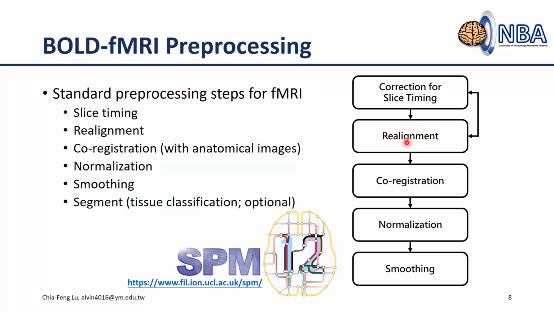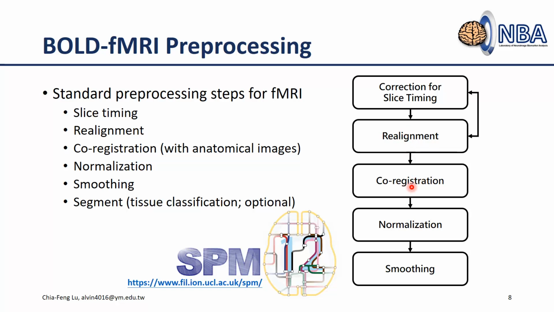It's kind of an impossible mission. So we will use the realignment step to correct the motion artifact. We realign all the images from different time points to the first one to ensure that the brain is in the same coordinates.